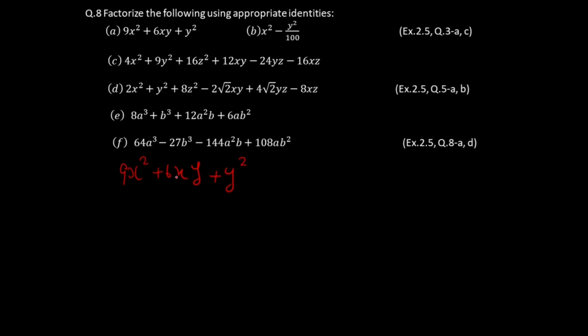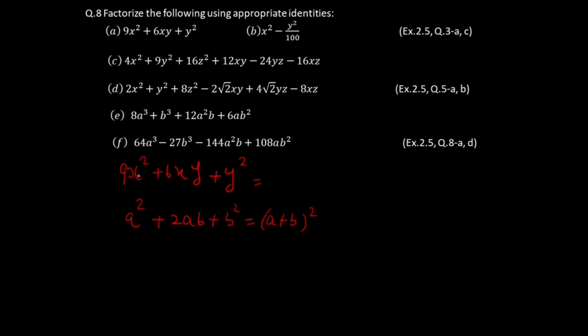There are three terms. So is there any identity which is having three terms and all are positive? Yes, a square plus 2 times ab plus b square, that is equal to (a plus b) whole square. So I will be using this identity to solve this question.